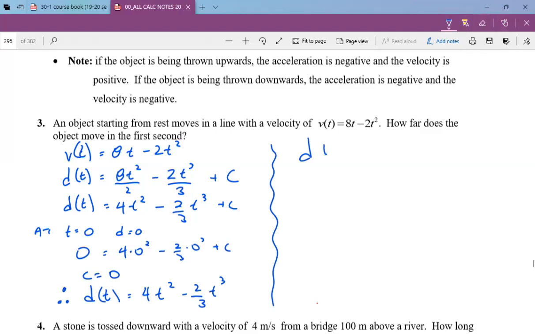What's the displacement at 1 second? It ends up being 4 times 1 squared minus 2/3 times 1 cubed, which is 12/3 minus 2/3, so 10/3 meters.